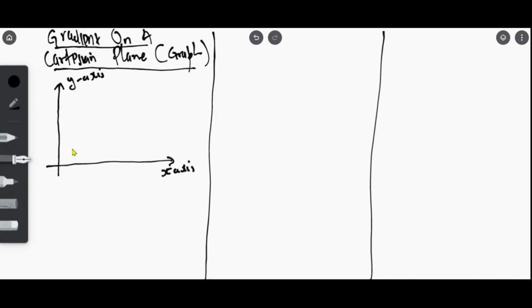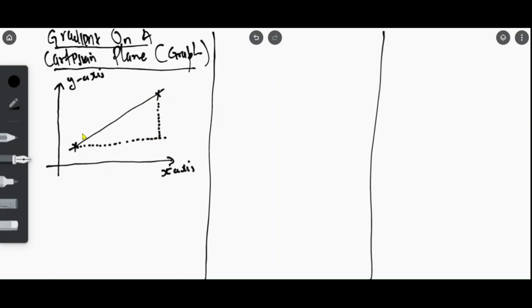So if I have a line that is like that, and I want to find the gradient, I will come and do the same thing. So I'll ask myself, what is the horizontal distance and what is the vertical distance?